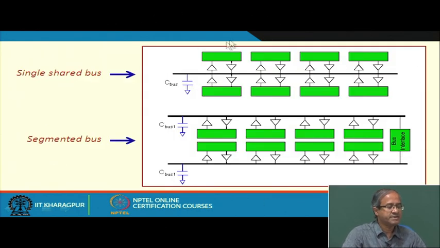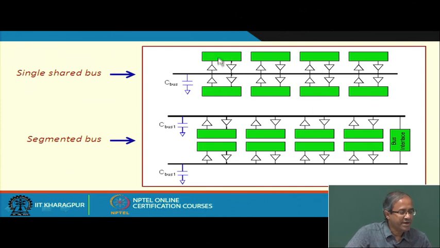Take a scenario like this. The first case, you see there is a bus which is indicated by this solid line. There are 8 modules which are sharing the bus. There are drivers and receivers, sending and receiving drivers and buffers with all the modules.